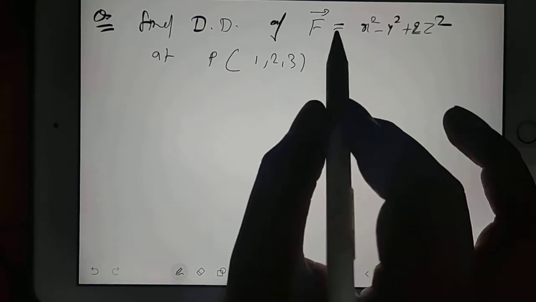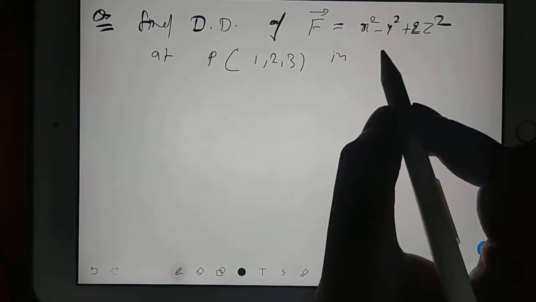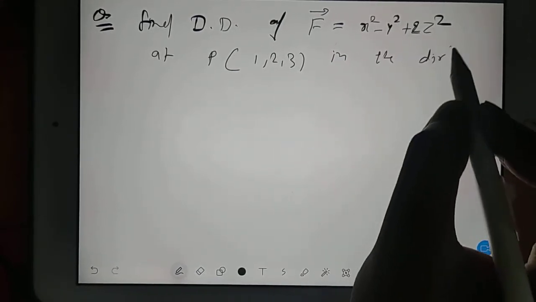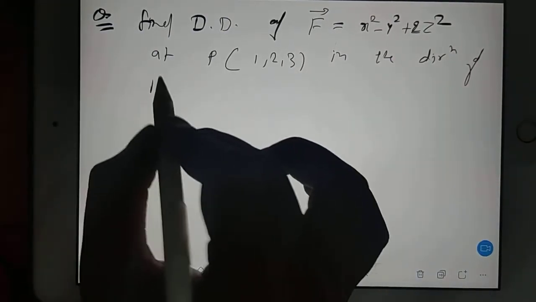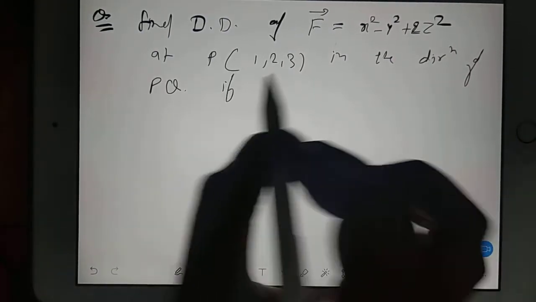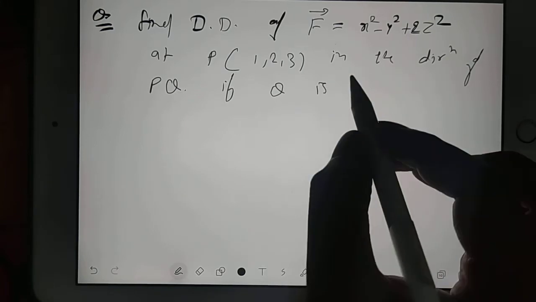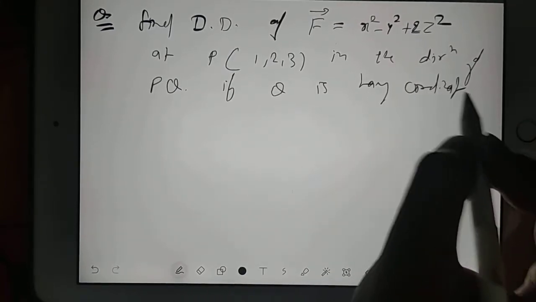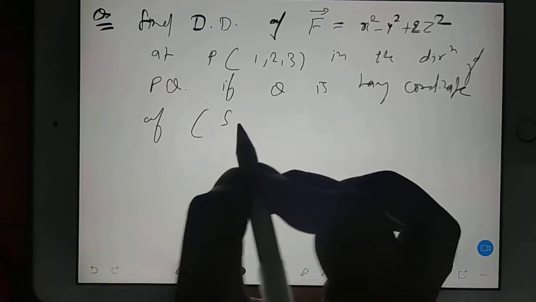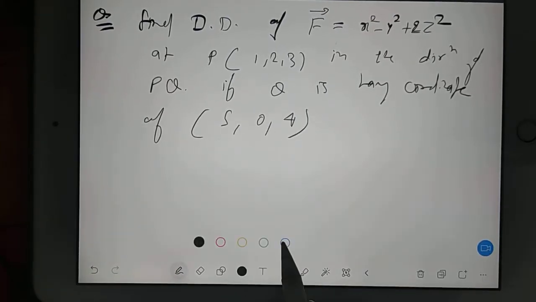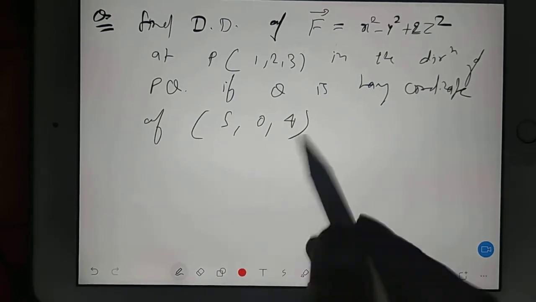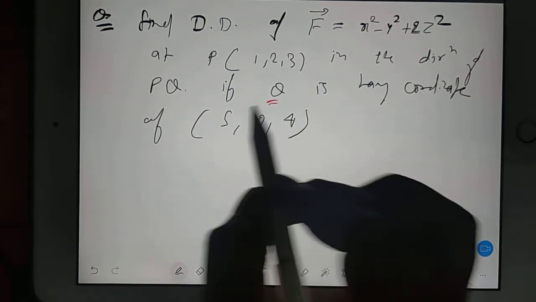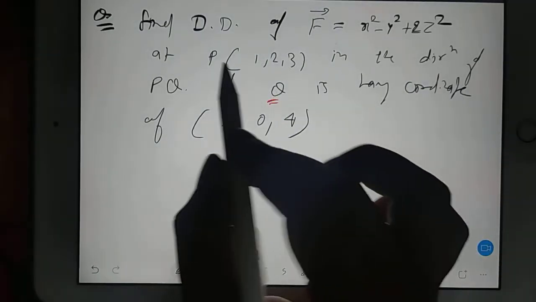Location and coordinate are the same thing. In the direction of PQ, if Q has coordinate 5 0 4. Okay, now you see this 5 0 4 coordinate is the Q value and the 1 2 3 coordinate is the P value.